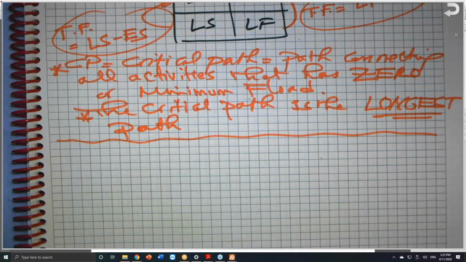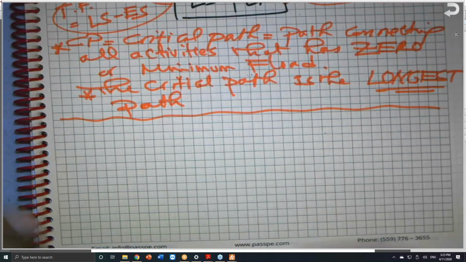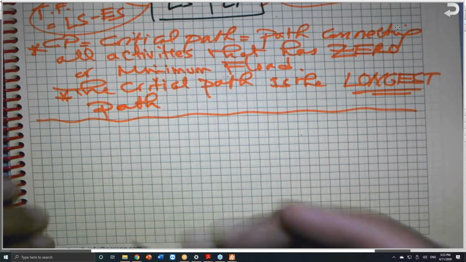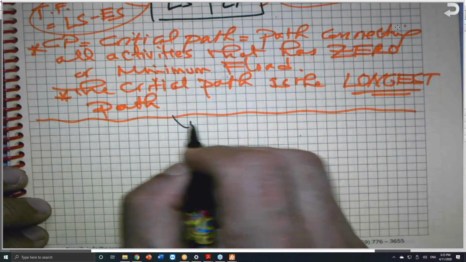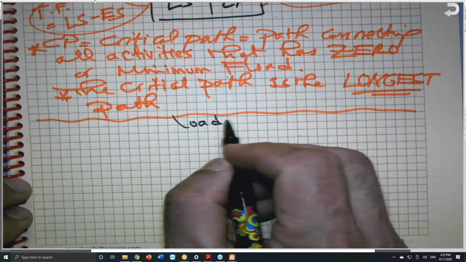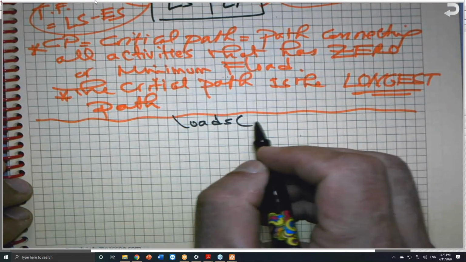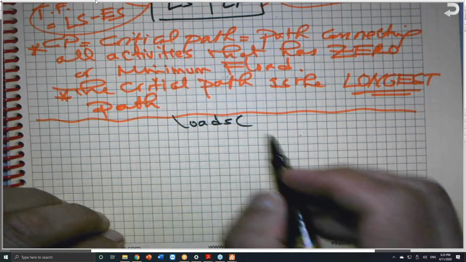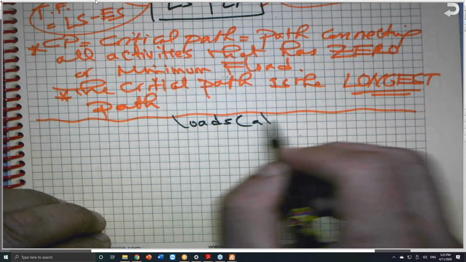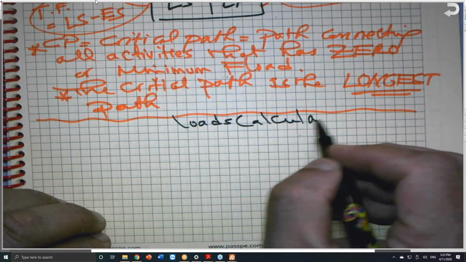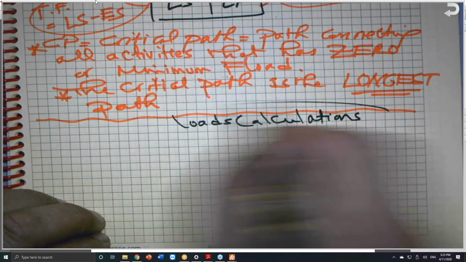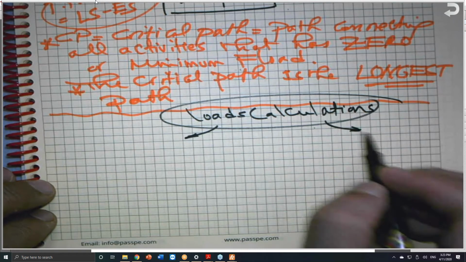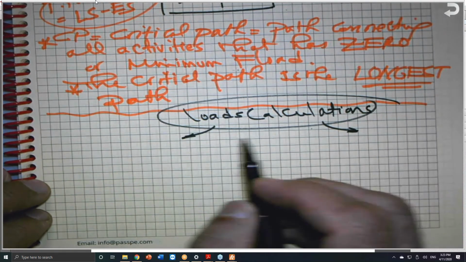Okay, thank you. So loads calculations, there are two methods that could be used.